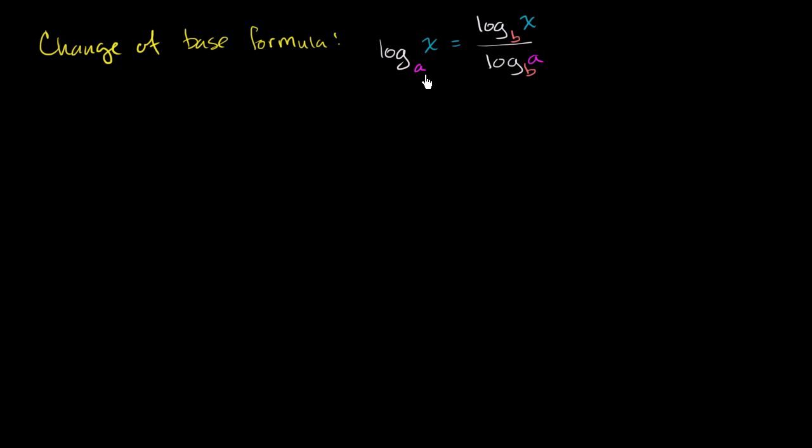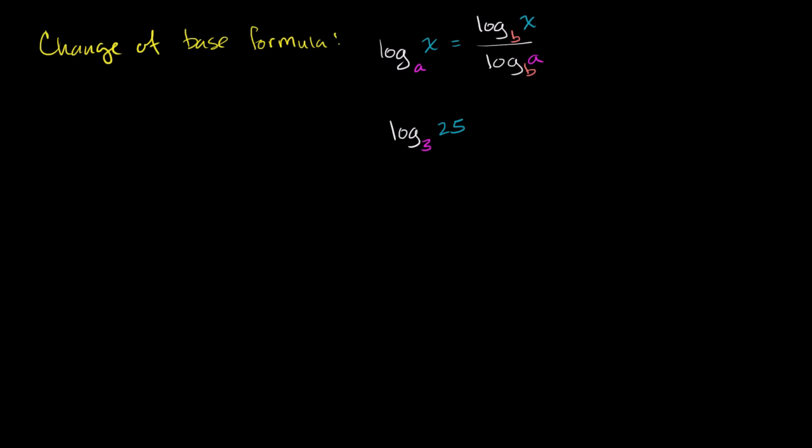And this is a really useful result. If your calculator only has natural logarithm or log base 10, you can now use this to figure out the logarithm using any base. If you want to figure out the logarithm base 3 of, let's say, 25, you can use your calculator with log base 10.